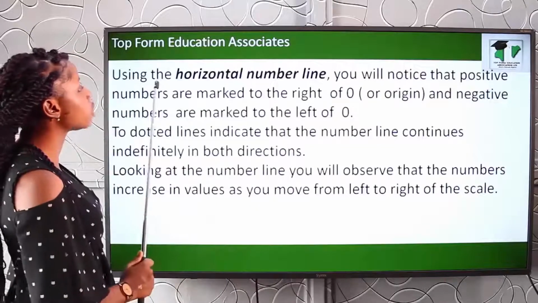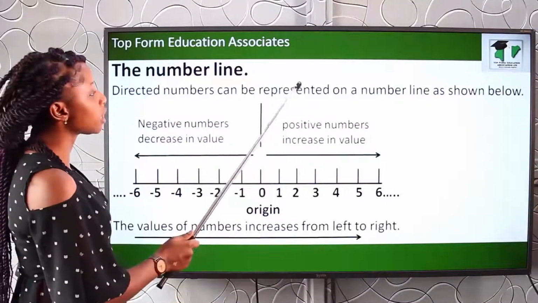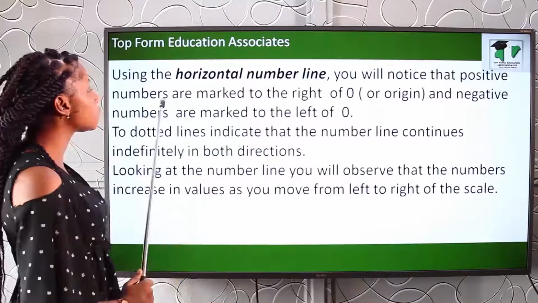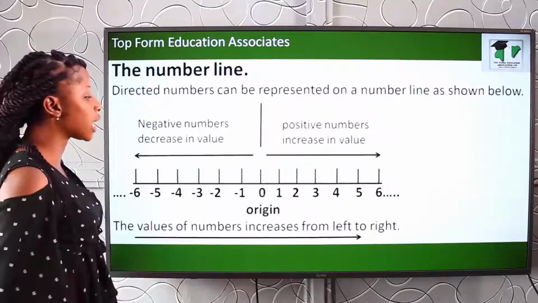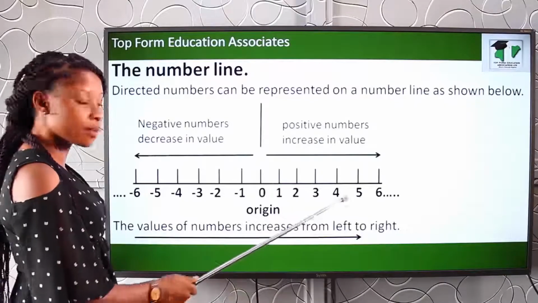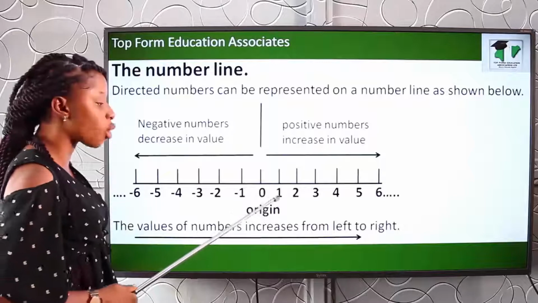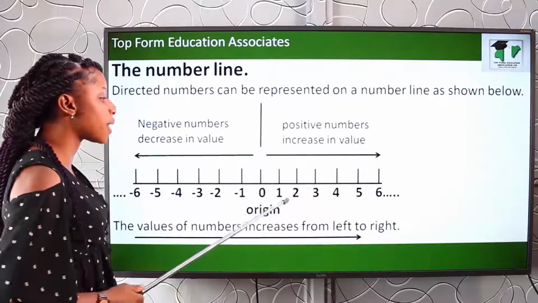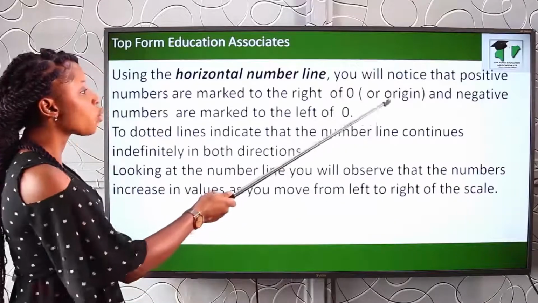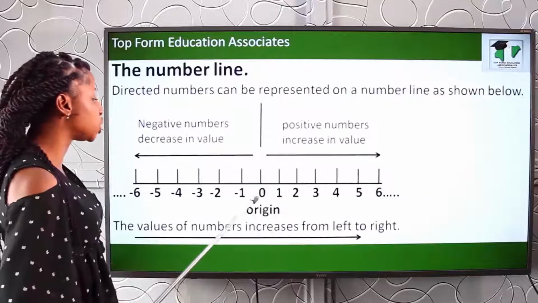Now, using this horizontal number line, you will see that positive numbers are marked to the right of the origin, or 0. These are positive numbers, and they are on the right of the origin. We've said that 0 is the origin of this number line. Positive numbers are marked to the right, while the negative numbers are marked to the left of the origin, which is 0.